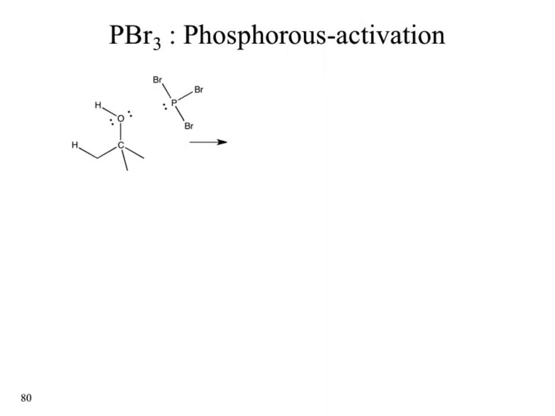How about our phosphorus activation? Okay, well, when you look at this reagent, or this sequence, what do we have? As a hint, kind of similar to what we did in the last one. I also tried to be a little bit annoying with it too, believe it or not. So the first thing, the whole point of this is to make the alcohol a better leaving group.